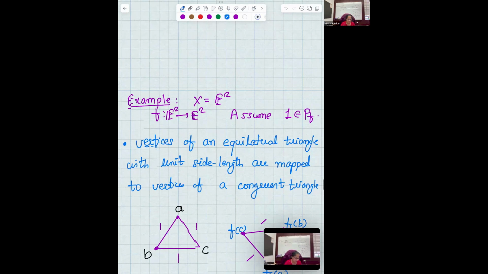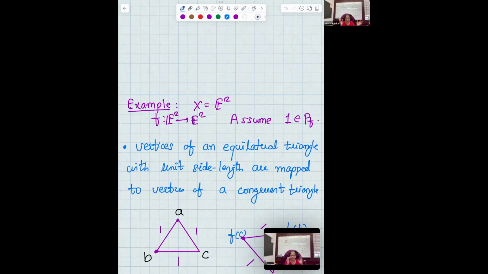So suppose you assume that you have one distance preserved. How do you get the smaller and newer distances preserved, and then how to prove that all distances are preserved basically from there.